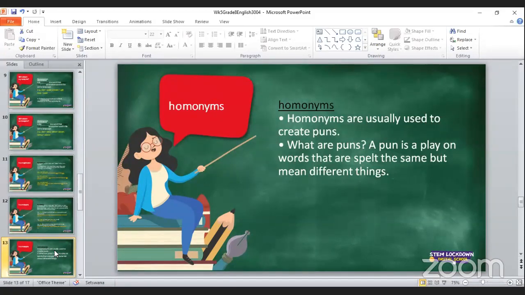Those are homonyms. So homonyms are usually used to create puns, and comedians really like to do this, right? That's something they like to do when they make jokes, or write things that make you funny, or things that sound almost funny. So yes, they use homonyms to make jokes.